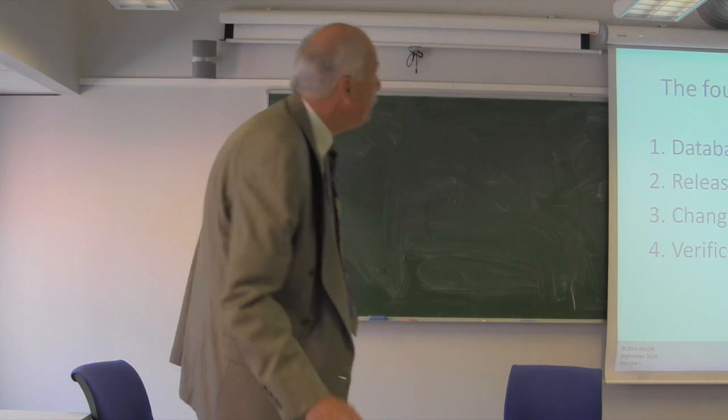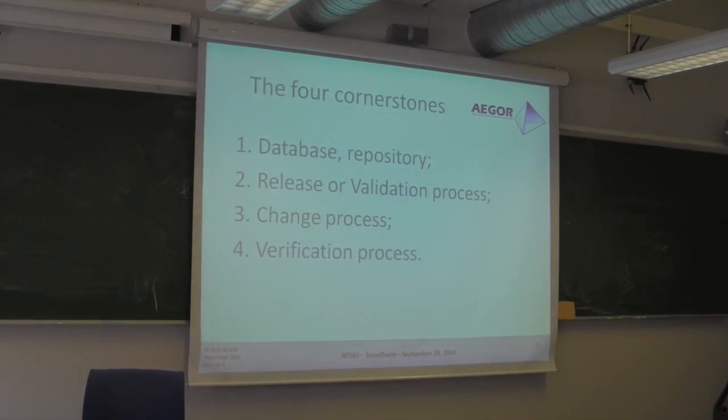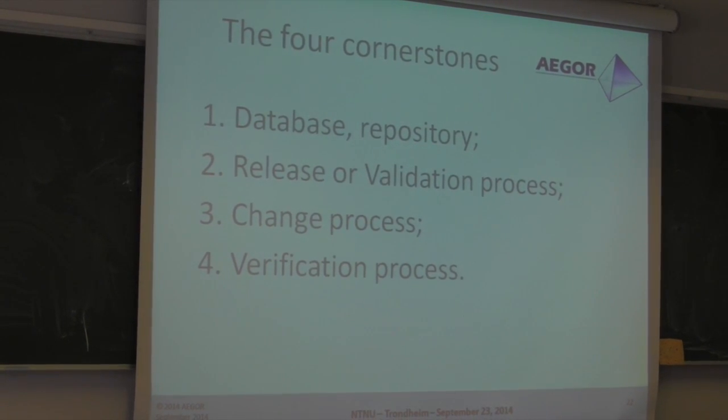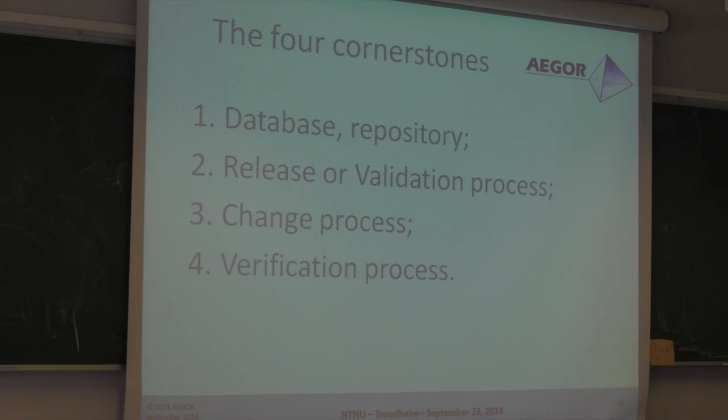Configuration management has 4 cornerstones. The first is the database or a repository. The second, to get good documents, is a release process or validation process, ending in the authorization. The third cornerstone is the change process.